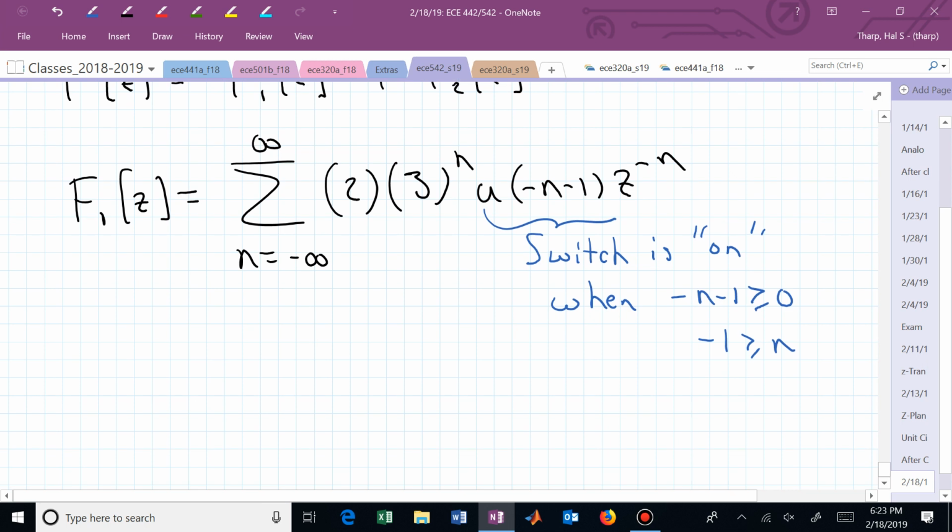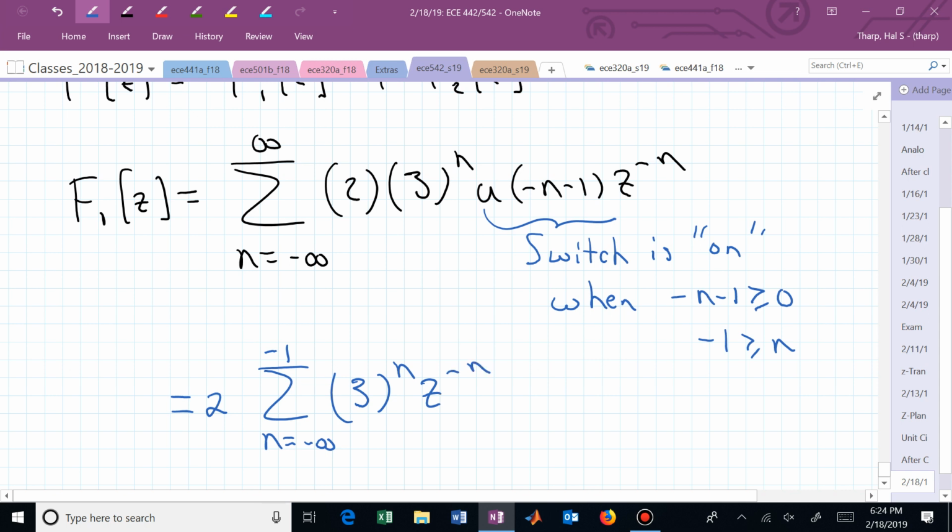Now let's continue. Now we can remove half of the terms in this infinite sum that has 2 infinities, 1 to minus and 1 to plus. We just need to keep the negative ones. And let's factor out the 2. We now have 2 times this sum from n equal minus infinity up to minus 1 of 3 to the n z to the minus n.